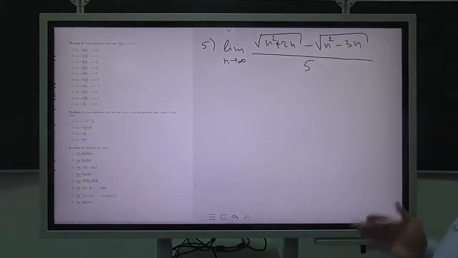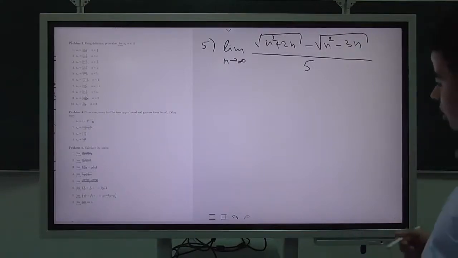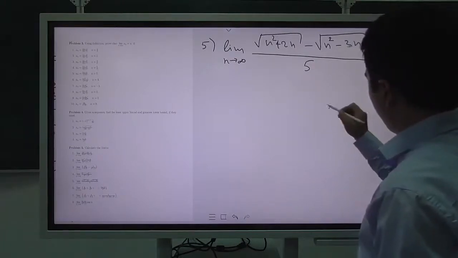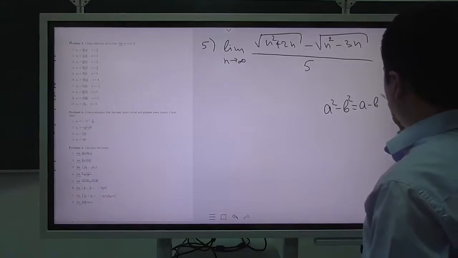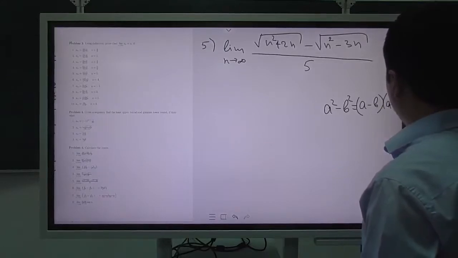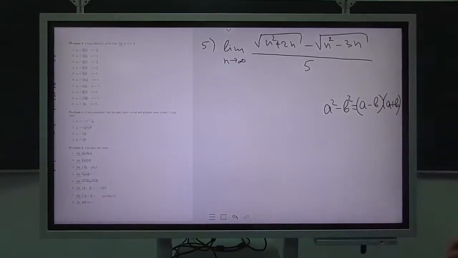So, if we have square roots, we have a short multiplication formula. You remember a squared minus b squared is a minus b, a plus b. So we need to use this formula now.